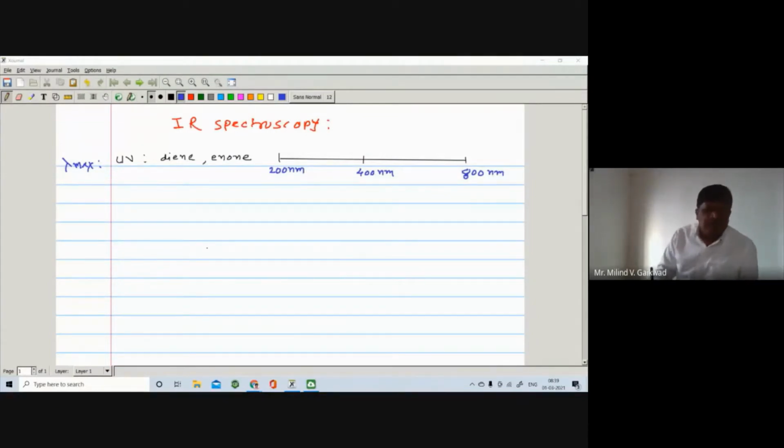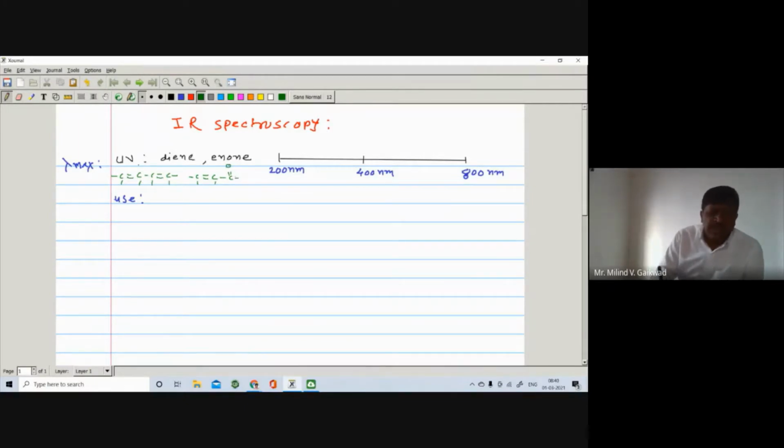In IR spectroscopy, firstly we'll see what is the use of this IR spectroscopy. UV spectroscopy gives information about the diene or the enone system, meaning when there is a presence of a carbon-carbon double bond, at least 2 pi bonds in conjugation, or one carbon-carbon double bond and one CO group in conjugation.